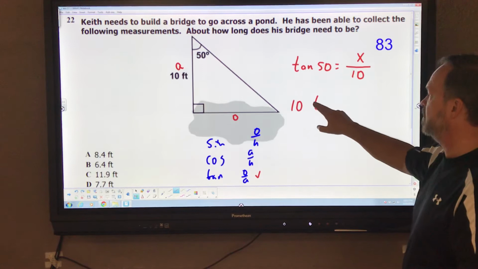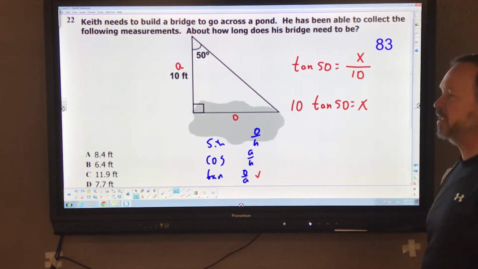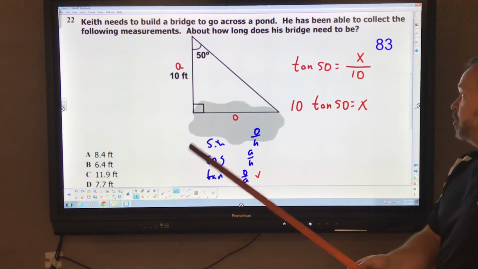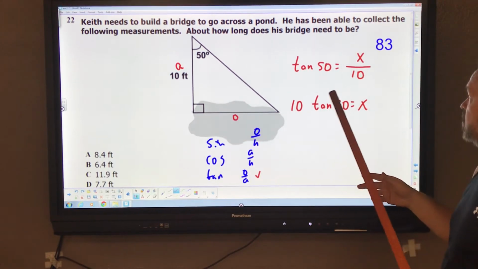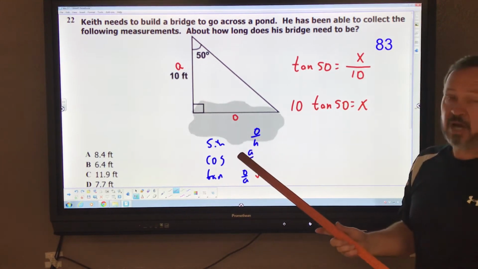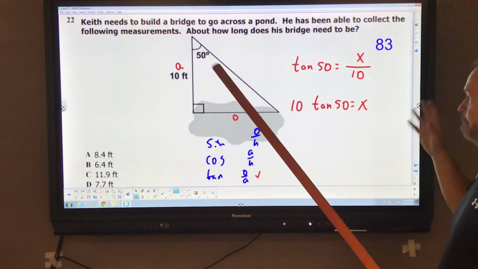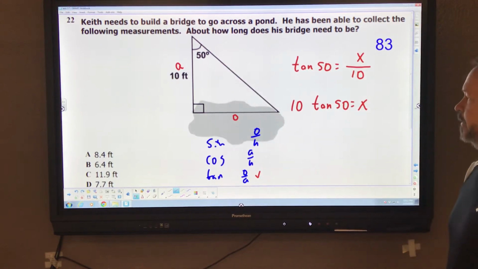So 10 times the tangent of 50 degrees is equal to x. Remember, if you're using a calculator, and you probably would be, make sure you're in degree mode, because this is a 50-degree angle, and you want to be in degree, not radian mode. So you just plug that in the calculator, and you're going to get an answer.